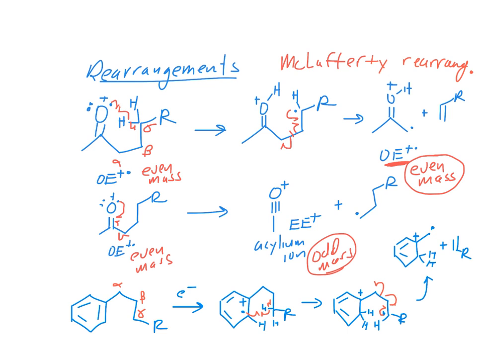Okay, so again, if we start with an odd electron ion as our molecular ion, we end up, in this case, notice that the final ion over there has a radical and a plus, right? So that's an odd electron ion.